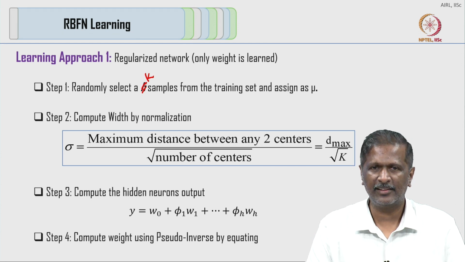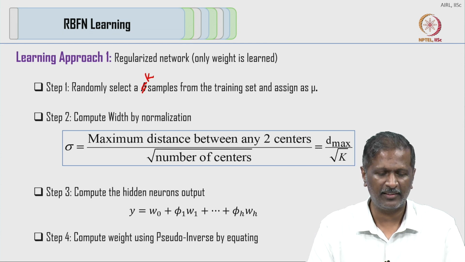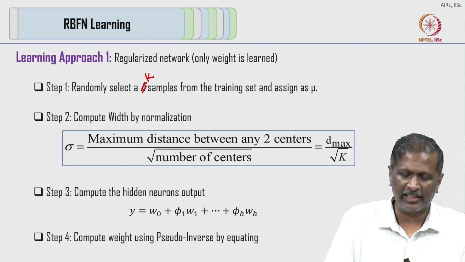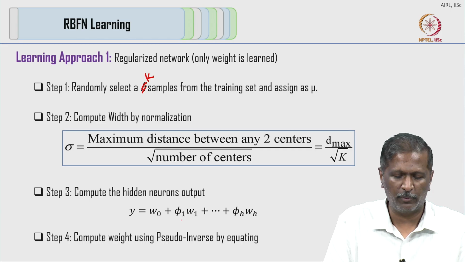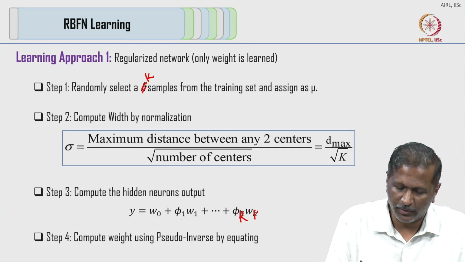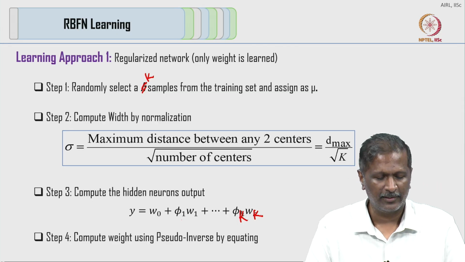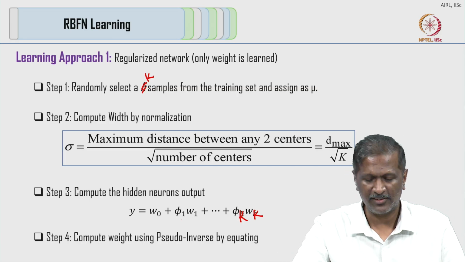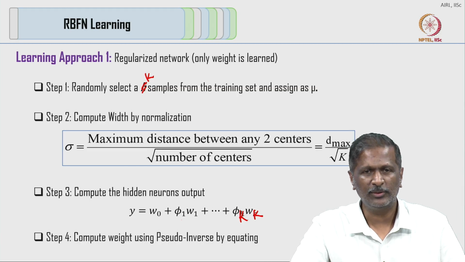So I fix the centers, I fix the width for all the neurons, then I just need to compute y. Y is nothing but W0 plus phi 1 W1 plus phi 2 W2 up to phi k Wk. I am going to compute these weights by pseudo inverse, by equating y to d.